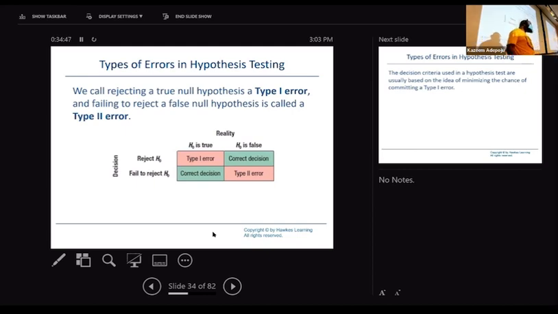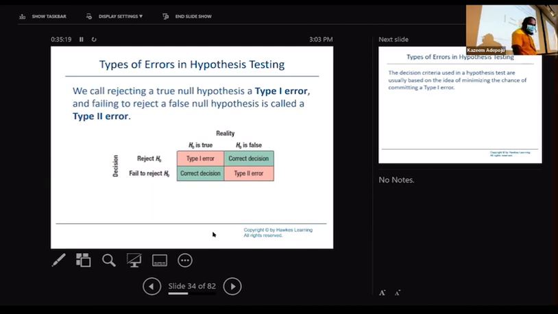When the null hypothesis is true and it is rejected. It's possible, because nature knows the truth. If the null hypothesis is true and it is rejected, that's a type 1 error, and we use alpha to denote that. When the null hypothesis is false and it is accepted, that's a type 2 error. We use beta to represent that.